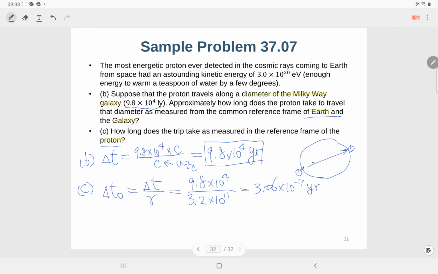Or we can further multiply it by 3600 seconds per hour, and then we have 24 hours per day, and then we have 365.25 days per year, approximately. So after making this conversion, we know that it takes 9.66 seconds for that proton.